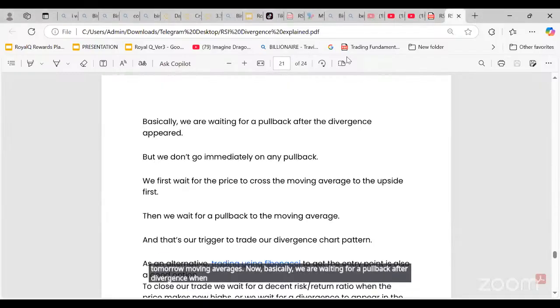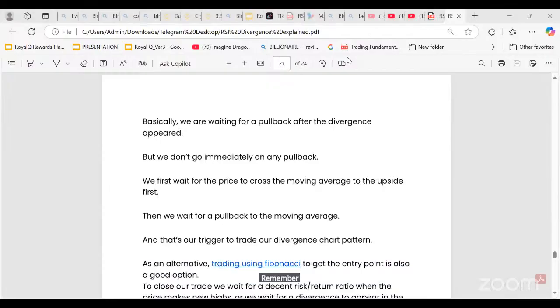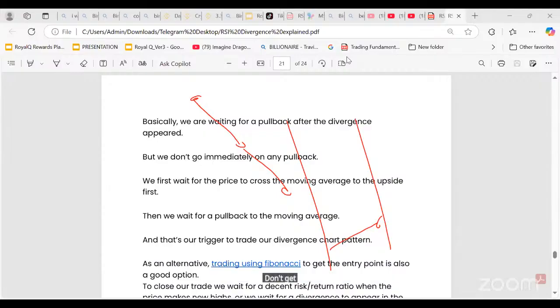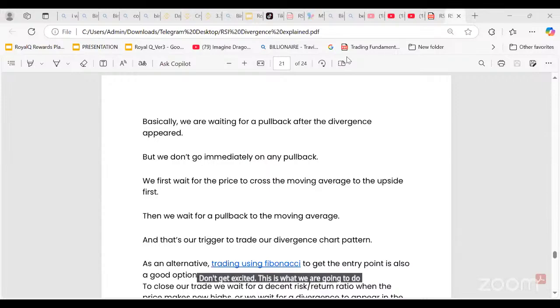When you get a bullish divergence, remember we said a bullish divergence, you have connected lower points together, then the RSI is giving you different. You find the divergence. Don't get excited. This is what we are going to do. Basically, we are waiting for a pullback after divergence has appeared.